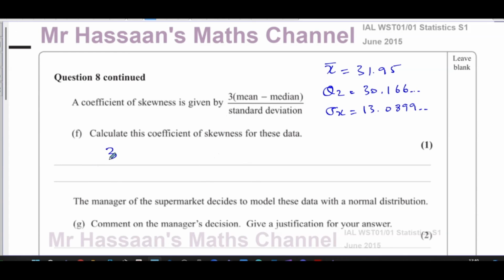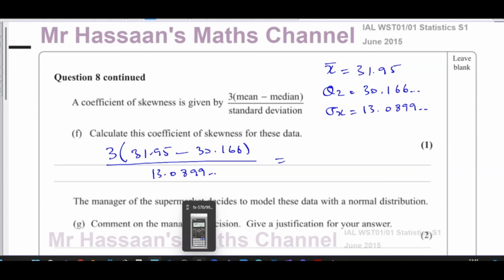So we have 3 times the mean, which is 31.95, minus the median, which is 30.166, divided by the standard deviation, which is 13.0899.